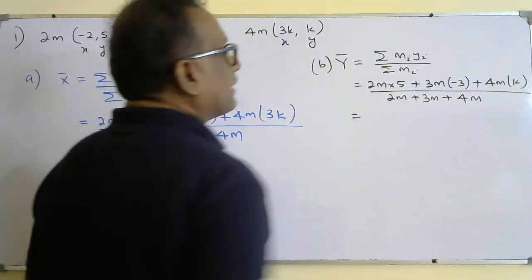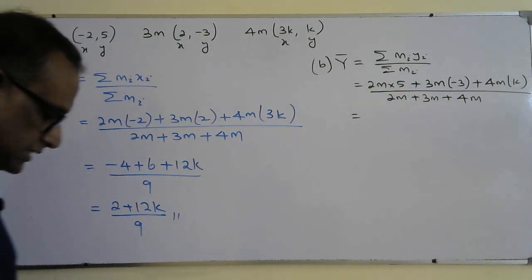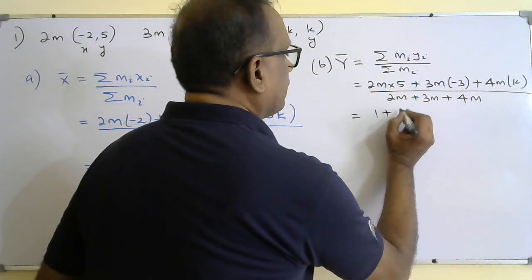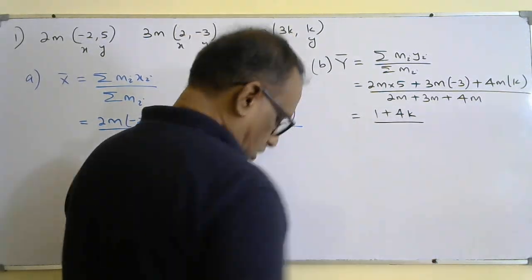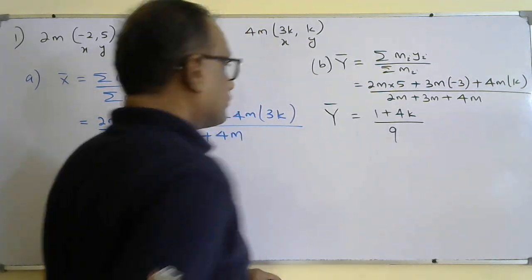So solve it, all the m will get cancelled. When you solve it, you will get 1 plus 4k over 9, that is y bar, the y coordinate of the center of mass.